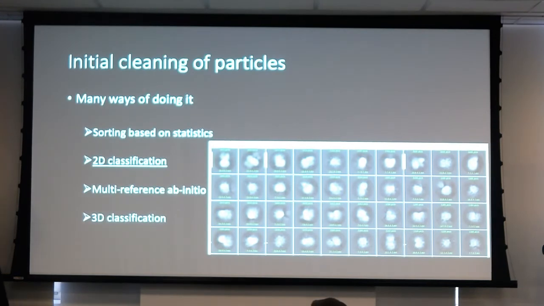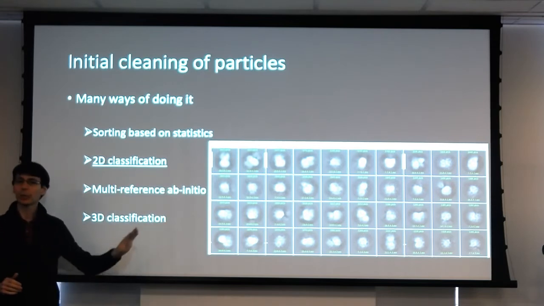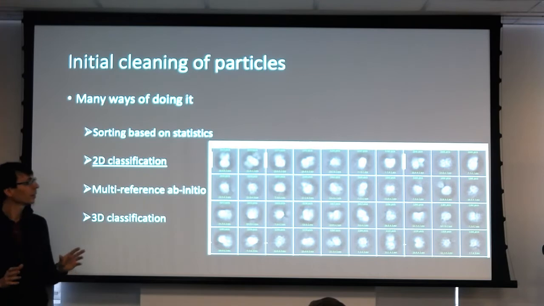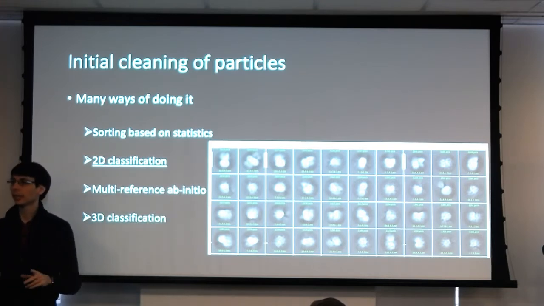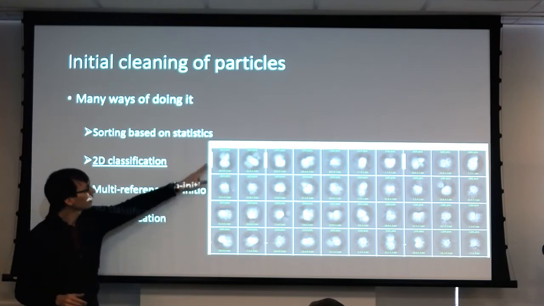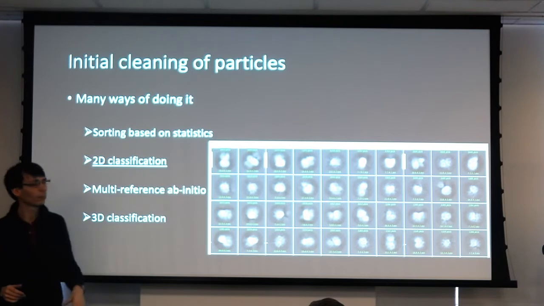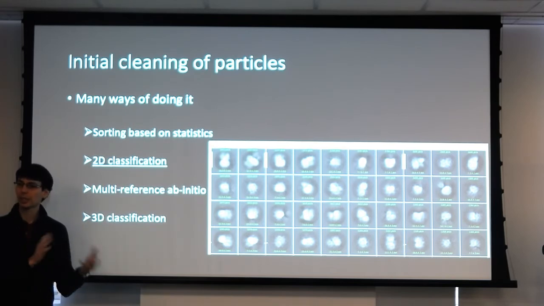2D classification can work, but in many cases, when your sample is not so clean, not so easy to figure out how it looks like and so on, it's not necessarily a good idea to clean up with that. Because let's say here, you're pretty sure about the first 4 classes, but after that, which one is a good class, which one is not, hard to tell. And maybe it's partially good and partially bad.